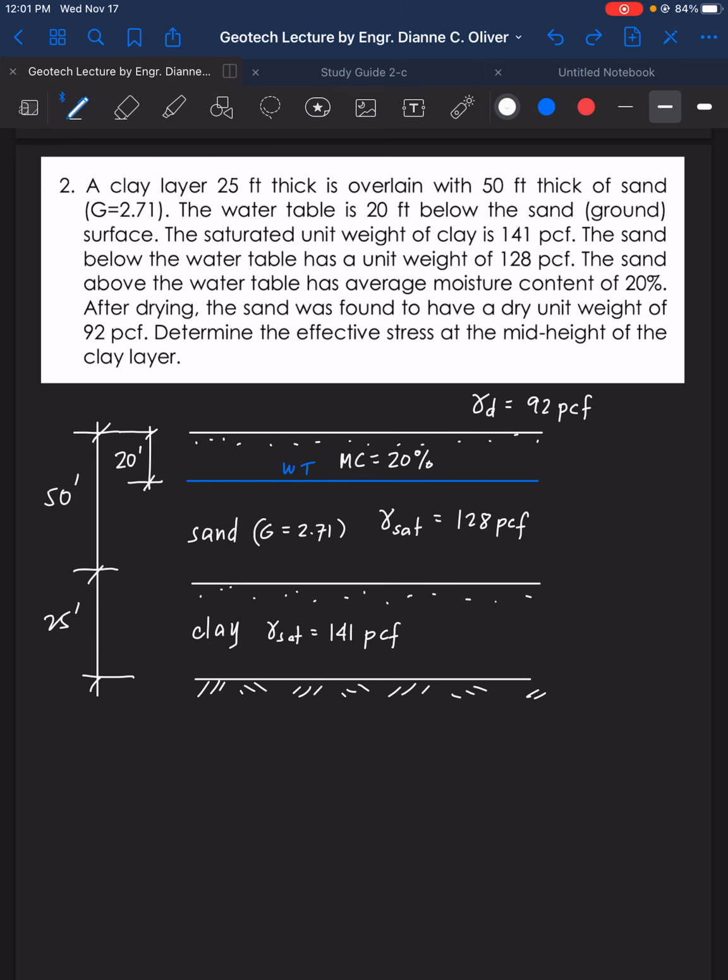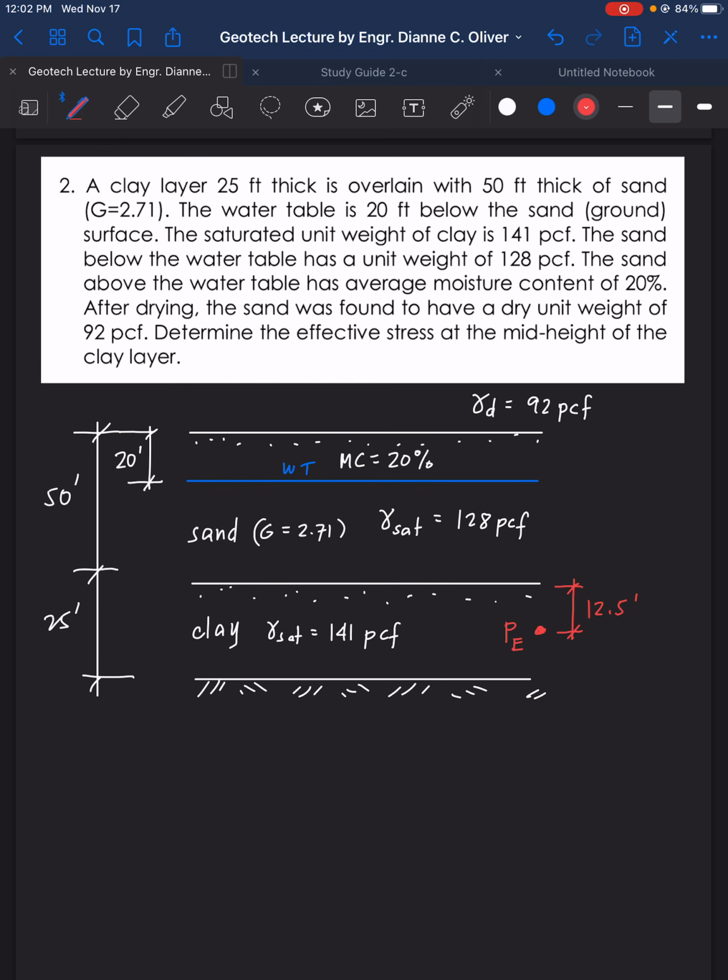Determine the effective stress at the mid-height of the clay layer. So it's looking for the effective stress here, P effective, and that is at the mid-height of the clay layer. So that is 12.5 feet. Okay, so let's solve this. P effective.